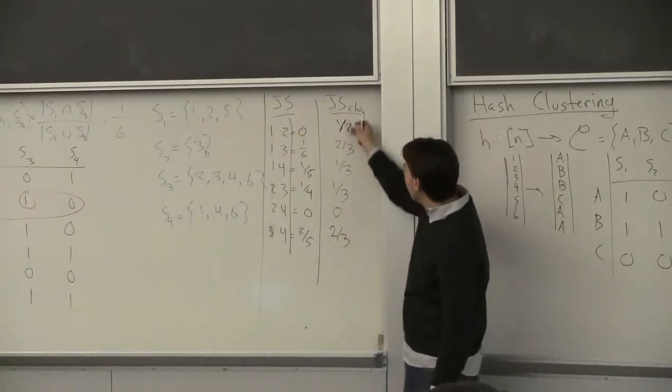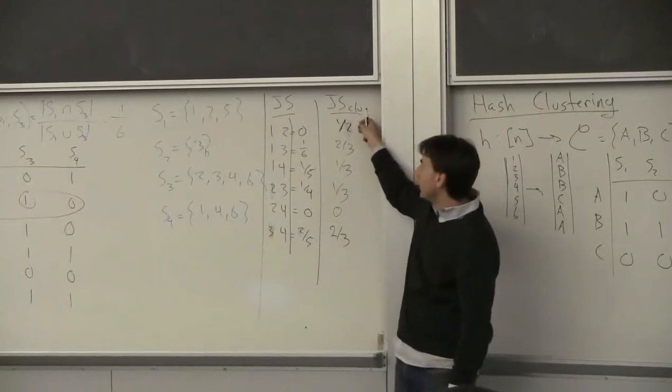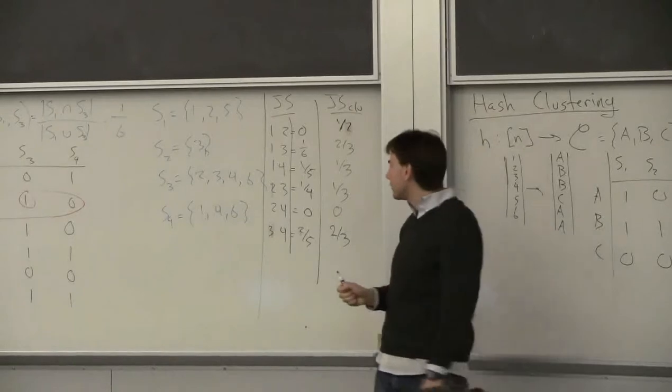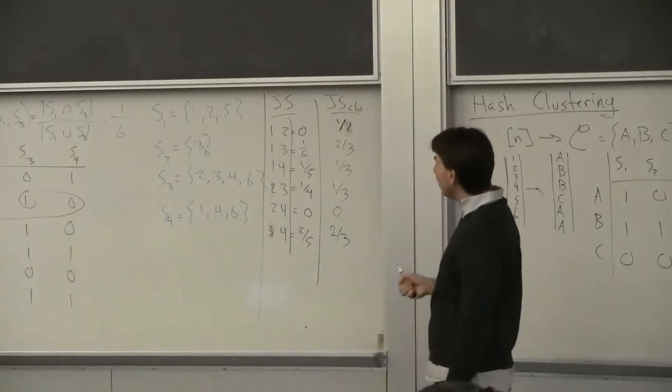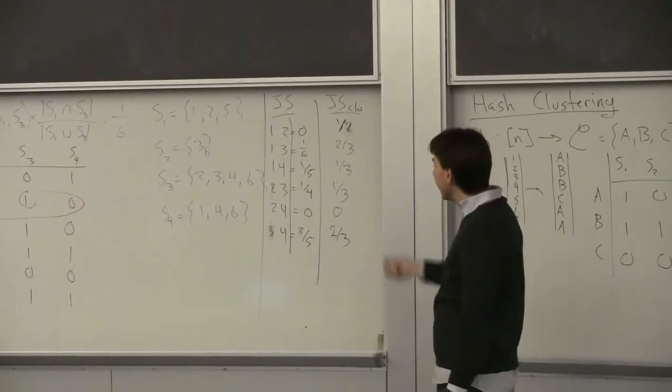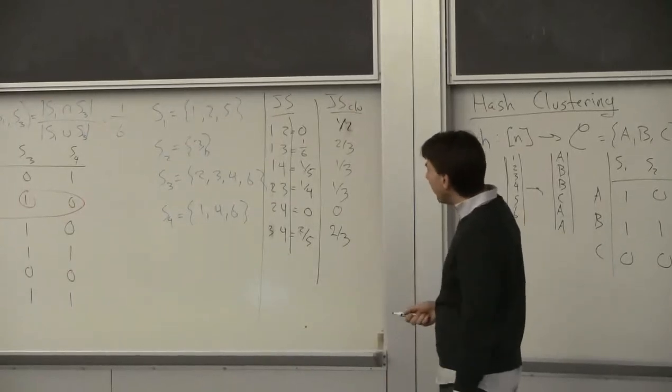That was at least the case here between sets 1 and 2. But it's not always going to be the case that these numbers go up. In fact, sometimes the numbers will actually go down.